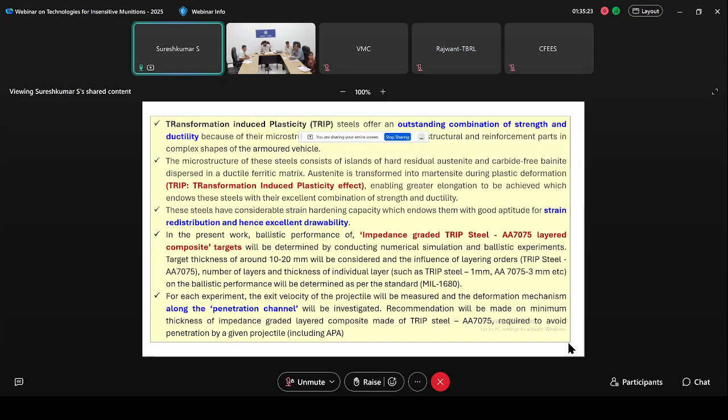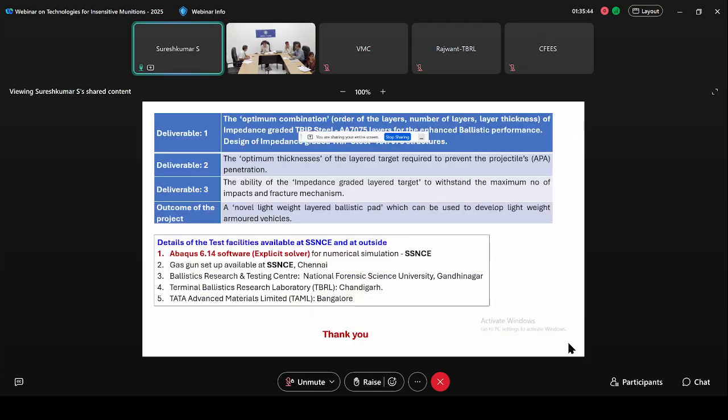When the projectile hits the first layer, every wall will behave like an obstacle and prevent the projectile's motion. In this way, we are trying to propose a new target embedding TRIP steel with aluminum 7075. That is the third idea related to ballistics.